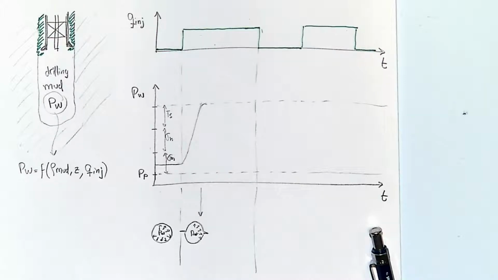It depends on the fracture propagation velocity. So there can be two extreme scenarios over here. If the fracture propagates very quickly, quicker than the mud that you can inject, the pressure is going to go down. If your fracture is propagating at the same velocity at which you're injecting drilling mud, the pressure is going to stay more or less the same.